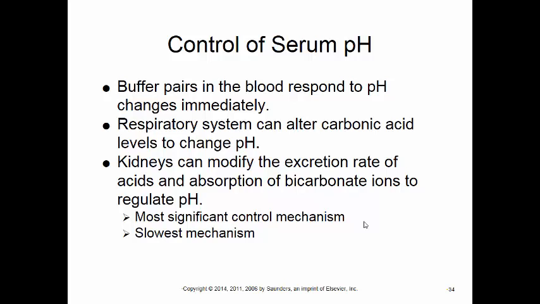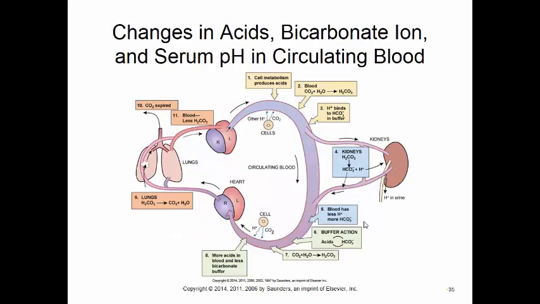The respiratory system alters carbonic acid levels, which changes the pH, and then the kidneys modify the excretion of the acids and absorption of bicarbonate ions, and that helps regulate pH. Respiratory is very temporary. The kidneys are more significant, and it's a slower mechanism, so it's more long term.